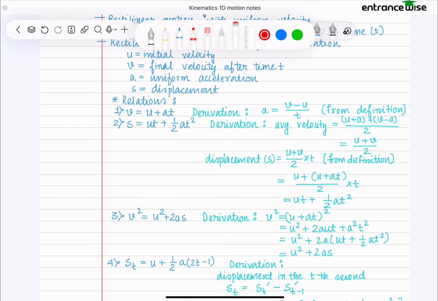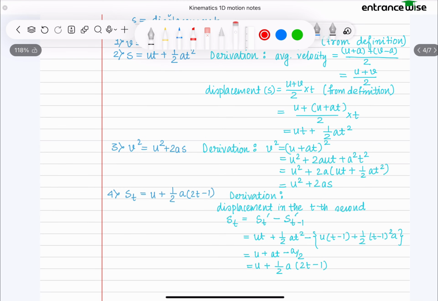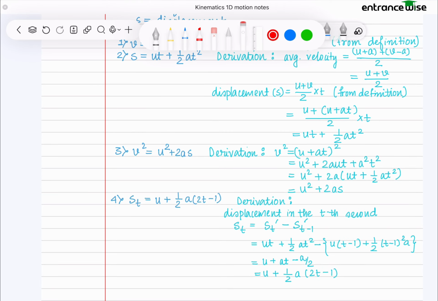Now let's talk about the derivation of V square equal to U square plus 2AS. For this we know that V equal to U plus AT. Now squaring both sides we can write V square equal to (U plus AT) whole square. And then we will get U square plus 2AUT plus A square T square.